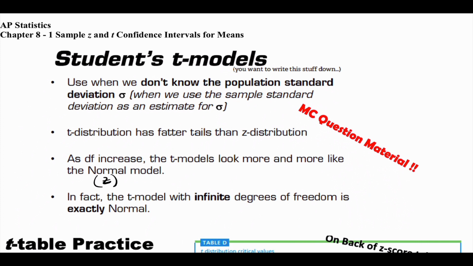And we're never going to have infinite degrees of freedom, because that means we have an infinite sample. But the more we have in our sample size, the closer we get to Z. The main difference between Z and T is that T has more variability. Z is less variable.